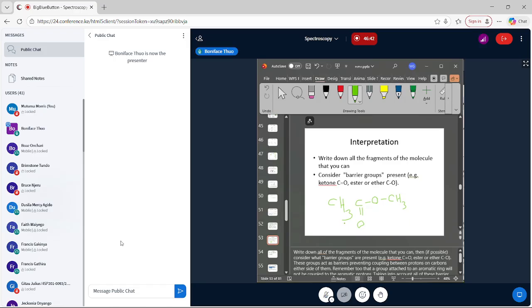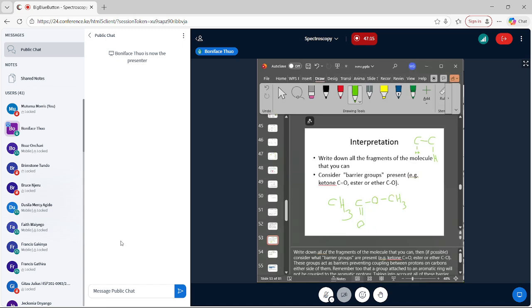Okay. So what we have here are two methyl groups, which are separated by a barrier group. Usually, for spin-spin coupling to occur, it will most often happen in vicinal hydrogens. So these two methyl groups are too far apart for coupling to take place.